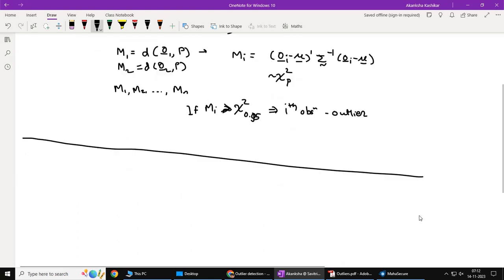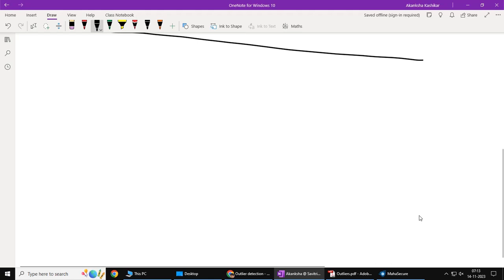Let us see some data driven approaches. So two of those approaches are based on actually k nearest neighbors. Okay, so what are k nearest neighborhood based approaches? There are two approaches. One is where you decide k and check the highest distance, and one where you decide k and check the average distance.